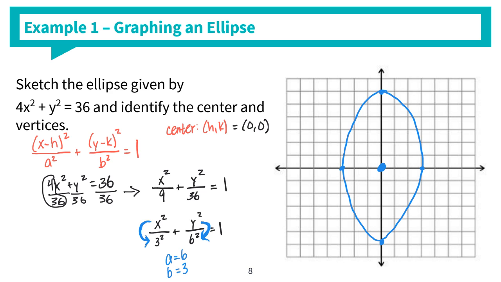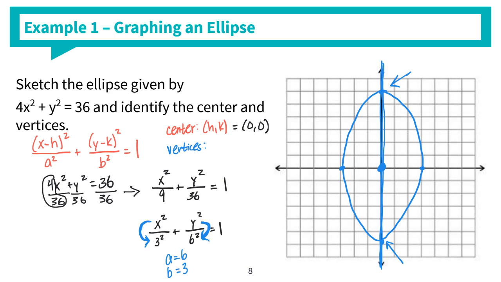Now, we identified the center, but we also need to identify the vertices. Well, the vertices have to be the endpoints of the major axis. So which one's the major axis? Is it the x or the y? Well, because the ellipse is longest in the y direction, this right here is considered the major axis. All right, so my vertices have to be these 2 points.